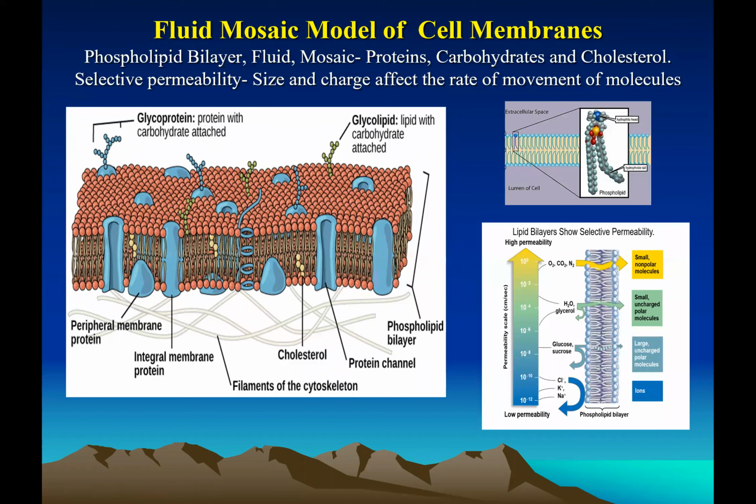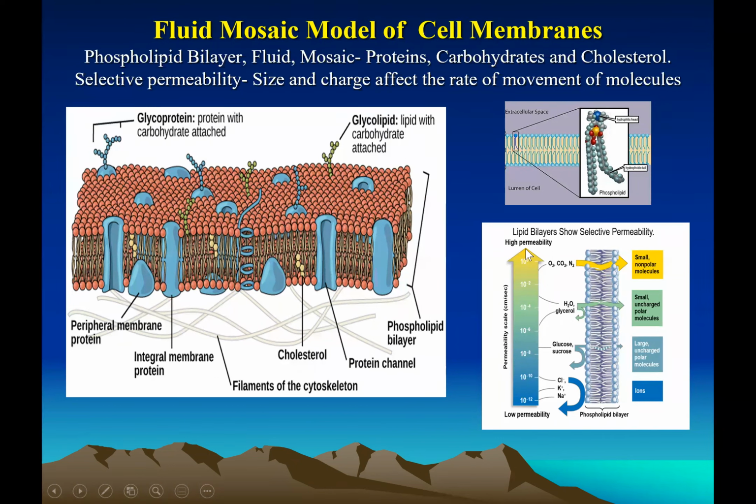So if the molecule is small and non-polar, like oxygen and carbon dioxide, they're just going to wiggle their way inside the cell membrane. Very easy for them because they're so small and they're not charged. Whereas if they are uncharged polar molecules like water and glycerol, they would need help to get into the cell.